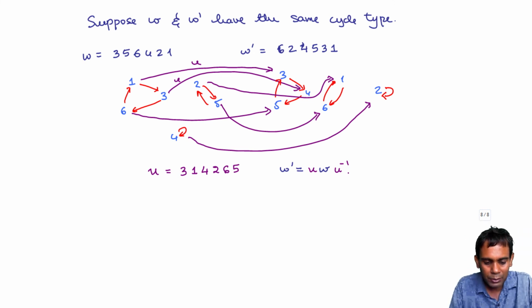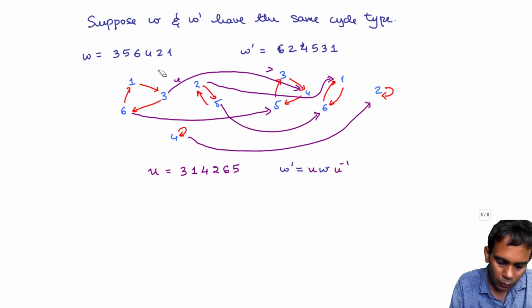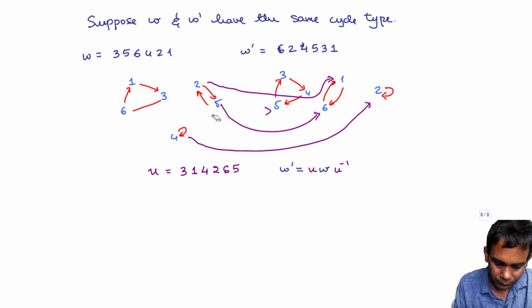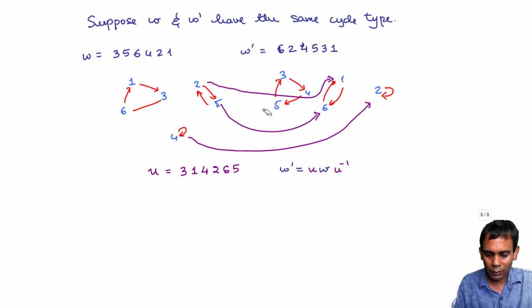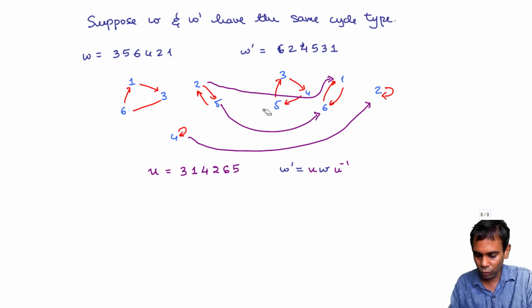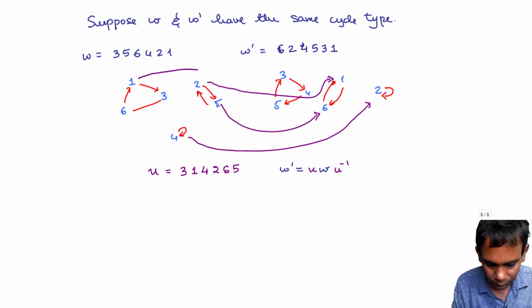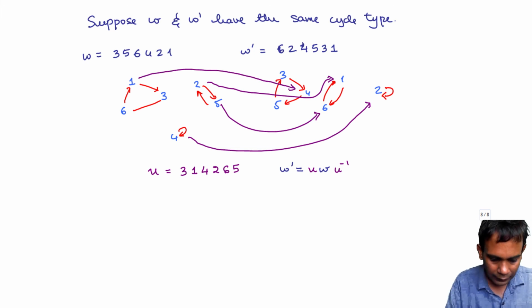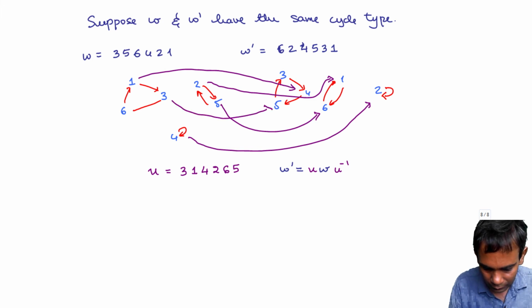Okay, this u need not be unique. I could have mapped these cycles slightly differently. Instead of taking 1 to 3, let's just change the mapping on this cycle. So instead of taking 1 to 3, I'll take 1 to 4, then I have to take 3 to 5, because after 1 comes 3, and then I can take 6 to 3.